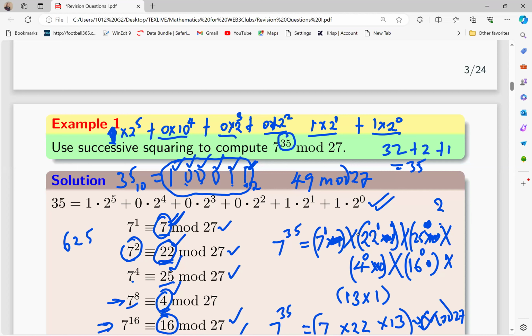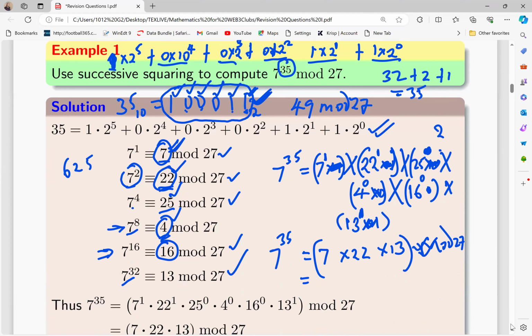Multiply 1 by anything, you get that thing. And 4 raised to 0 will be 1, and 16 raised to 0 again will be 1. So instead of multiplying, let's just raise these powers. What we are raising by is the digits of the binary number.